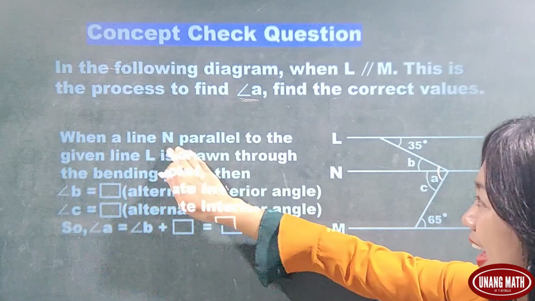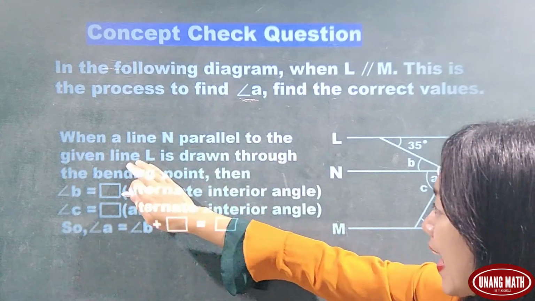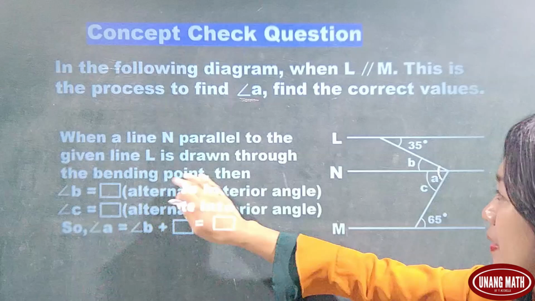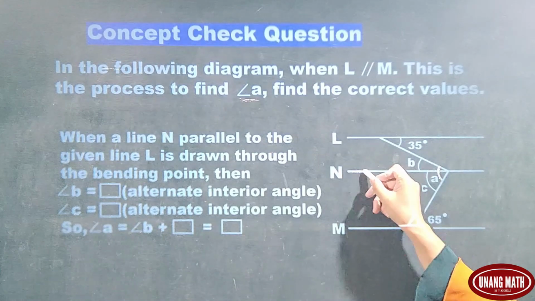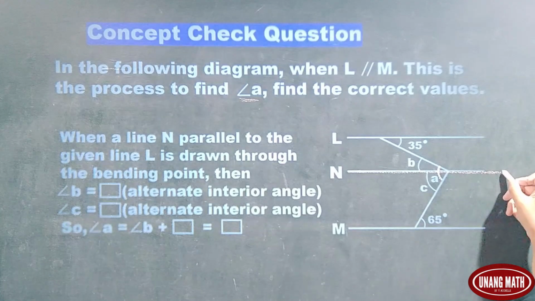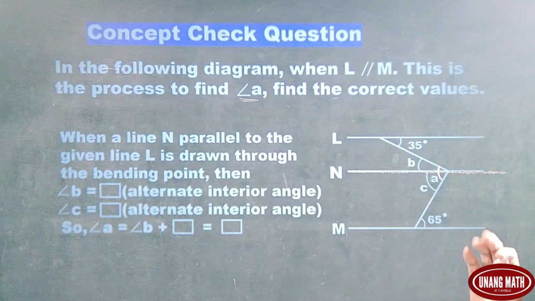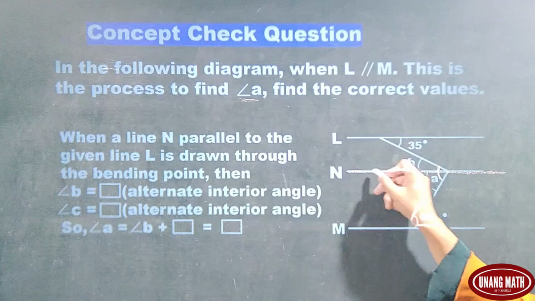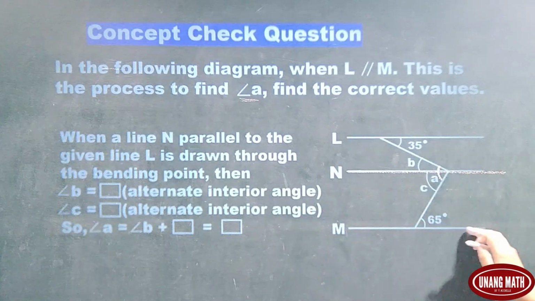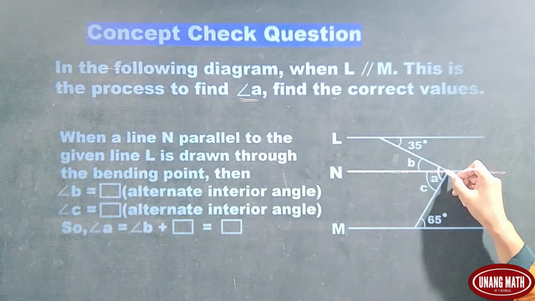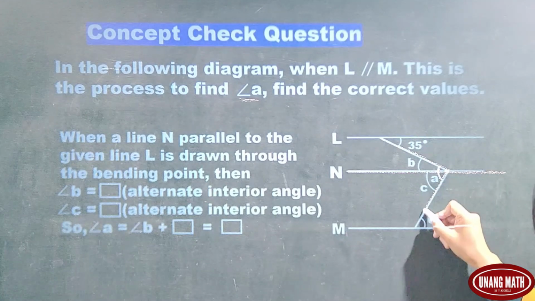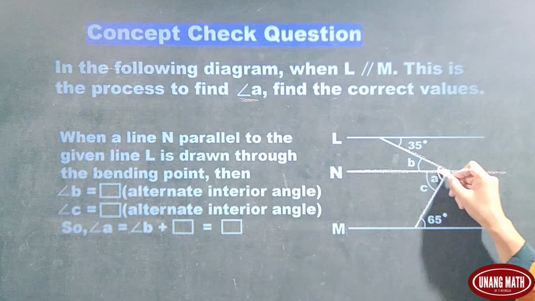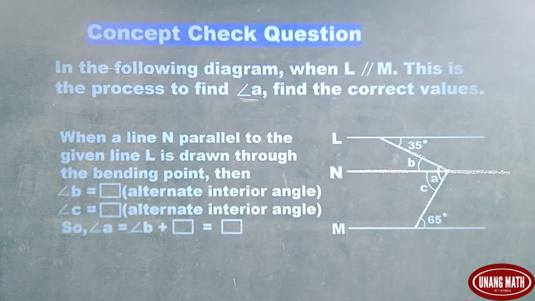Okay, when a line N parallel to the given line L is drawn through the bending point, where is our line N? This is line N, and this is our helping line. Okay, this is parallel to line L and line M, and we draw this one to where our transversal meet or cross. So N is our helping line.